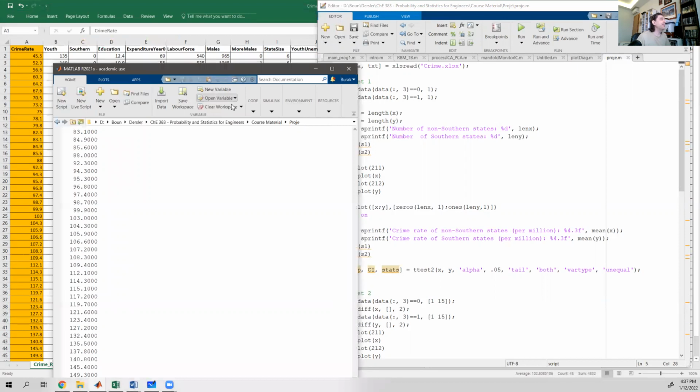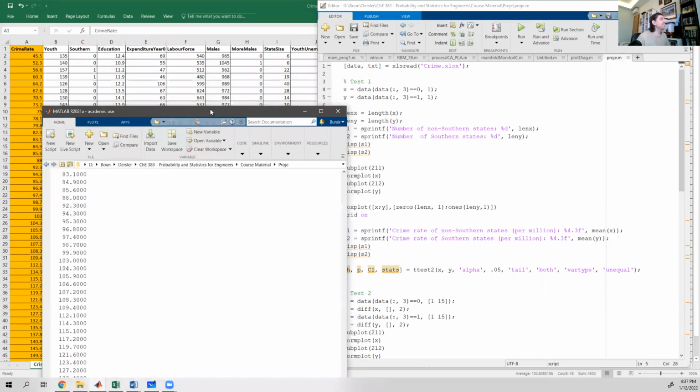I check whether the third column, which is the southern part, is equal to 0 or 1. If it's equal to 0, let's call it north. If it's equal to 1, let's call it south.